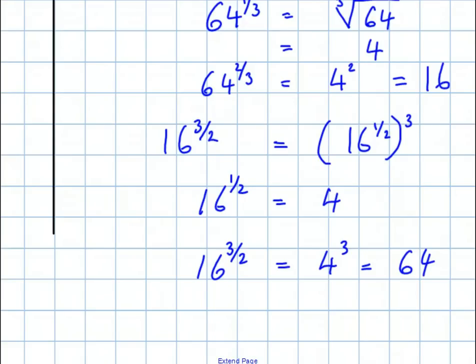Right. Now, let's see if we've got minus numbers in. We're going to look at this example here: 16 to the power minus 3/4. Now the minus sign should alert us that our final answer is going to be reciprocal. Let's work out 16 to the 3/4.